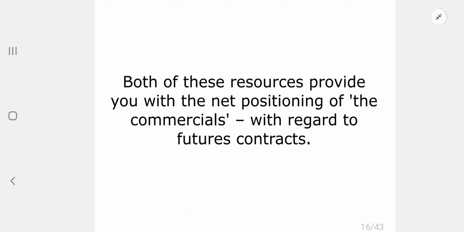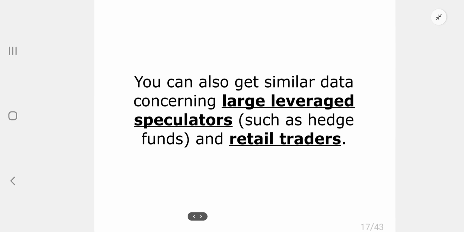Both of these resources provide you with the net positioning of the commercials with regard to futures contracts. You can also get similar data concerning large leverage speculators, such as hedge funds and retail traders.